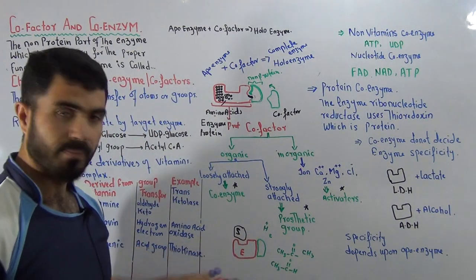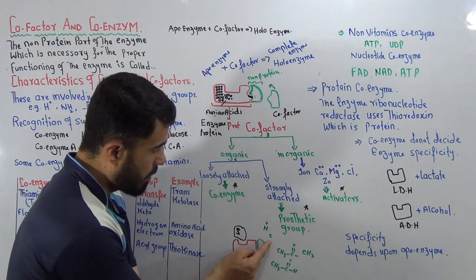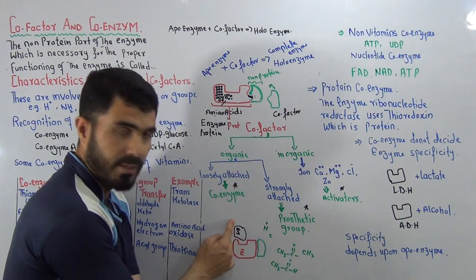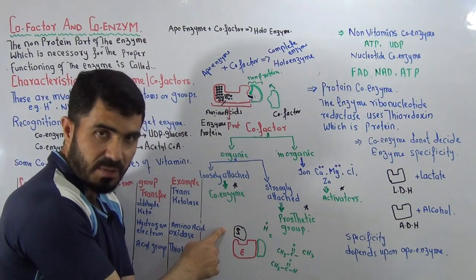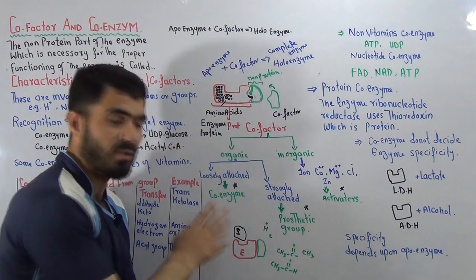These are the groups that can be transferred from one point to another point within the substrate, or from substrate to the coenzyme, and from the coenzyme to the substrate.